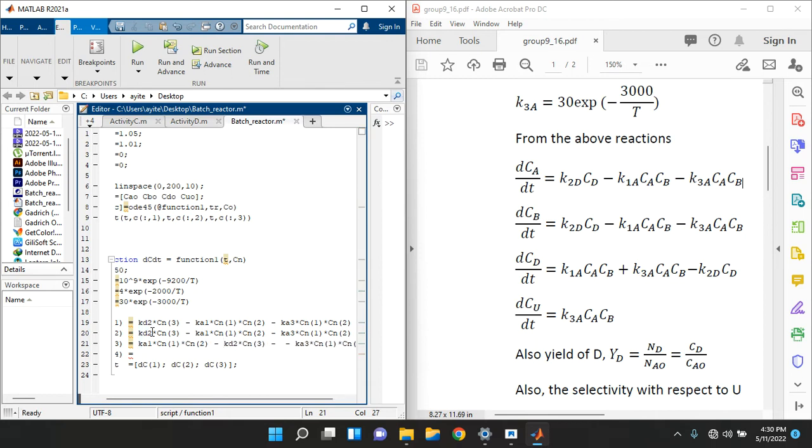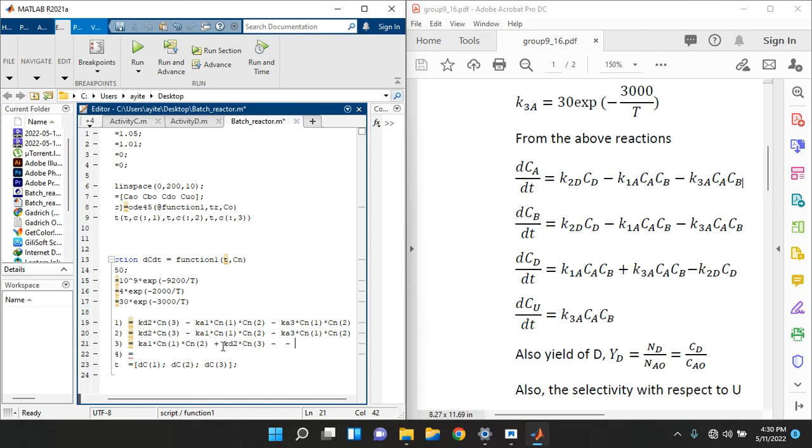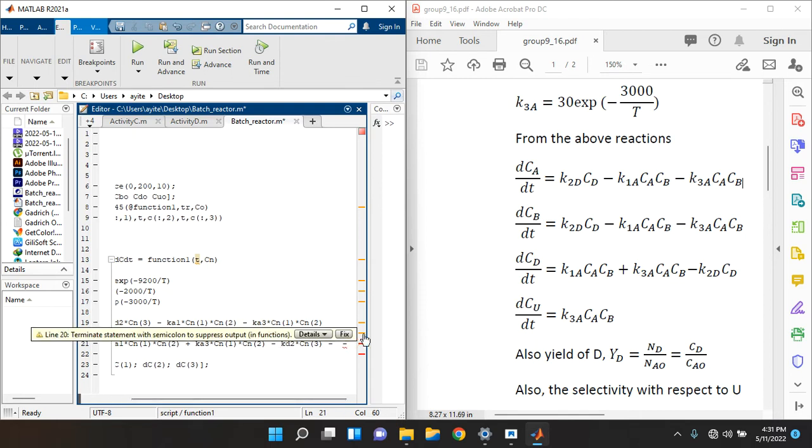And it is plus K3A, which is this one. So I'm going to also cut it and bring it in front. So basically you just write minus K2dCd, which is this one.